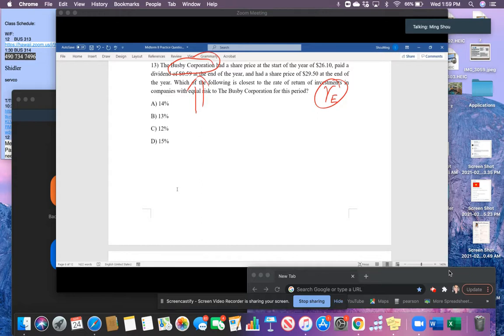And we have a formula to calculate this one. The IE would simply equal the dividend plus the selling price divided by the purchase price, minus 1. Okay, so we simply plug all the numbers in. The dividend equals $0.59, right?